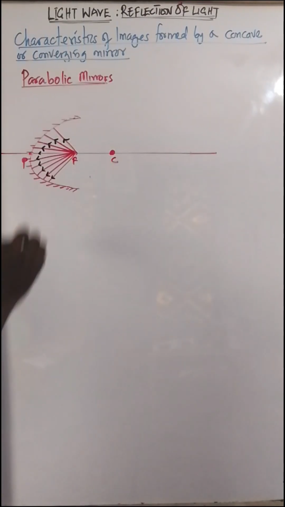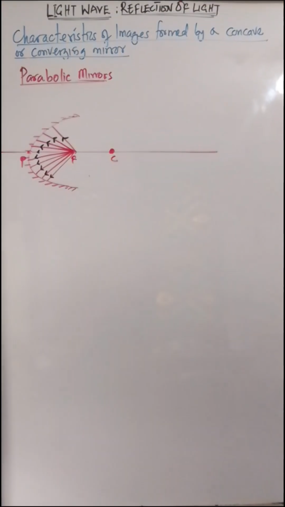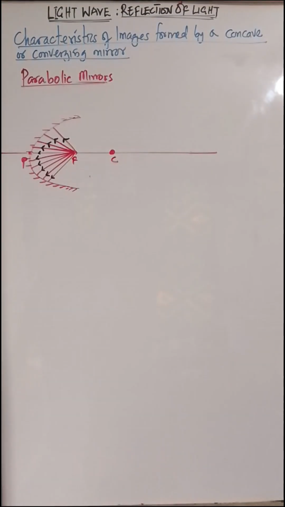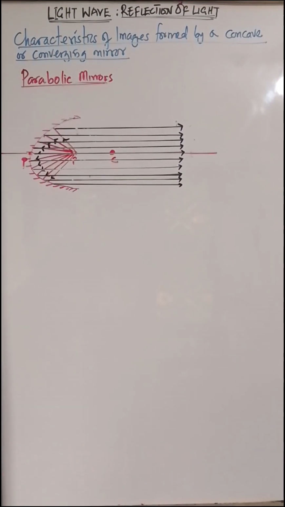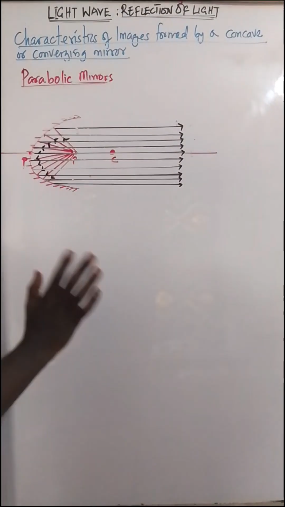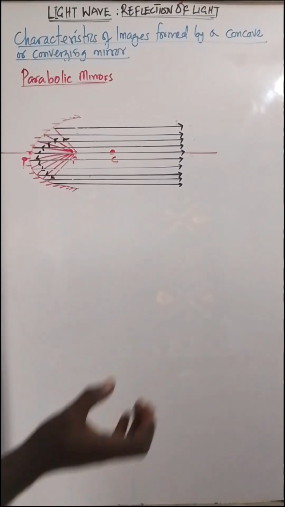Now the question is, what will happen? All these rays will be reflected parallel to the principal axis. Then we have something like this: parallel beams, and these are not just parallel beams, but beams with constant intensity. So they have constant intensity and high intensity.